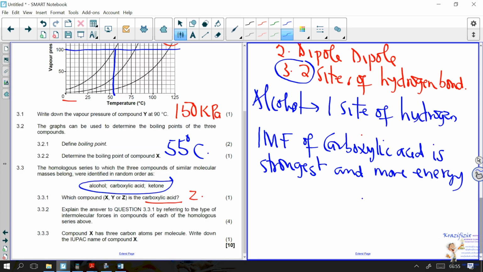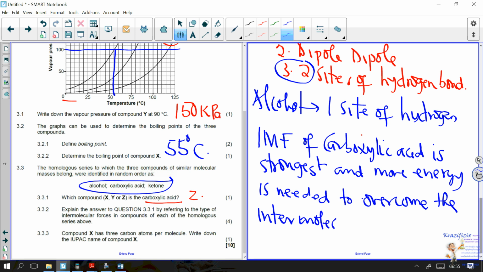More energy is needed. Guys, we just write to overcome the intermolecular force. I hope you get this. So guys, we have 3 types of intermolecular forces, which are London, dipole, dipole, and hydrogen.